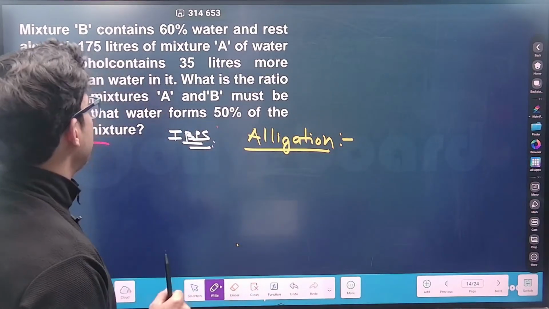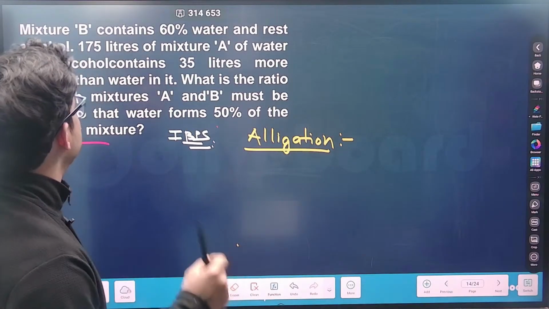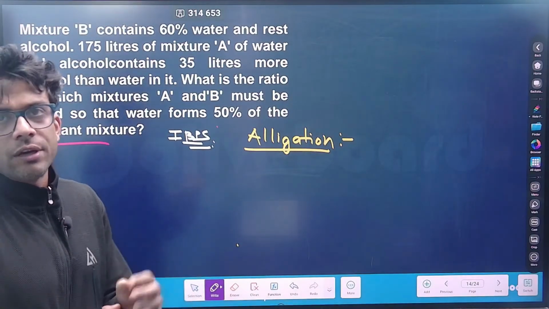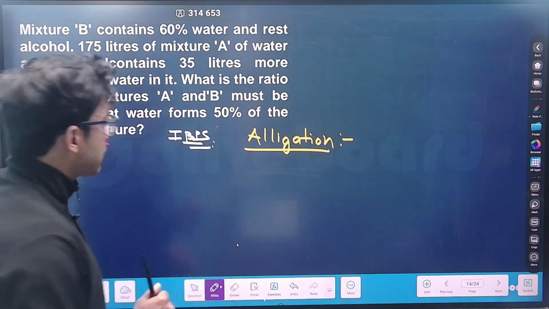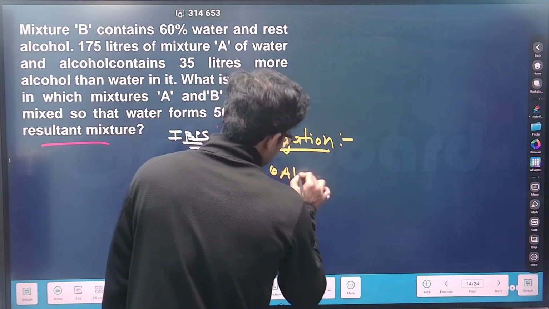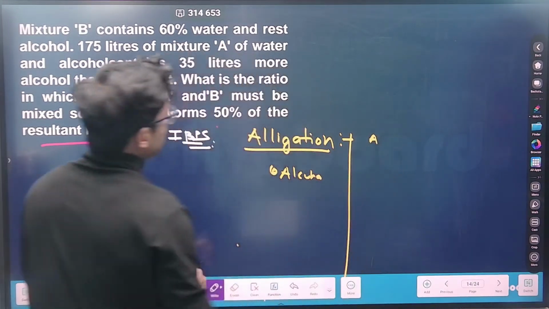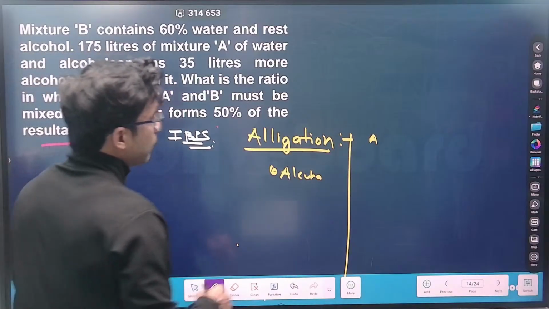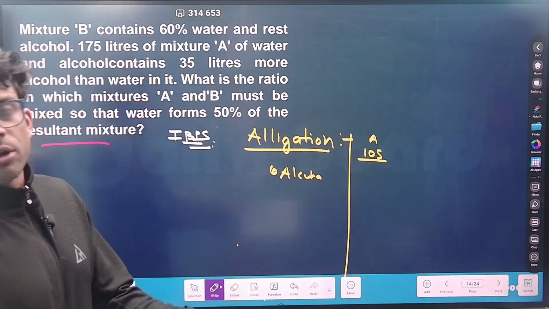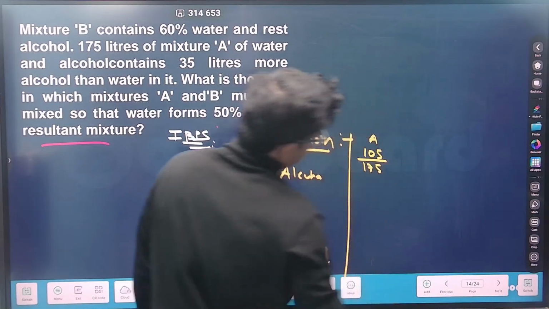What is the ratio in which mixtures A and B must be mixed? Basically, I am applying alligation on alcohol. In mixture A, the alcohol was 105 out of 175.